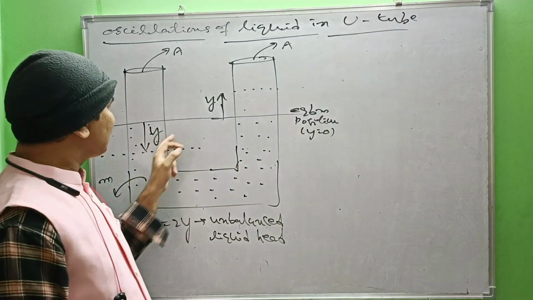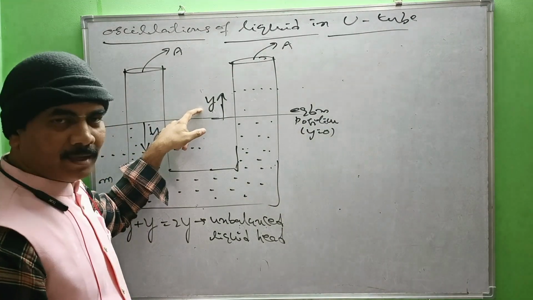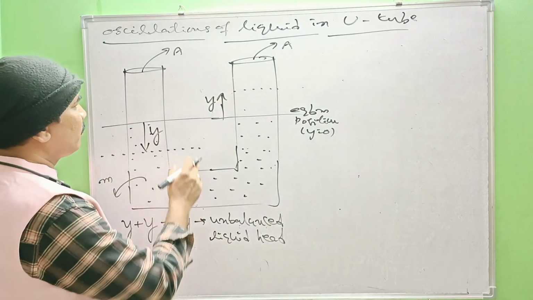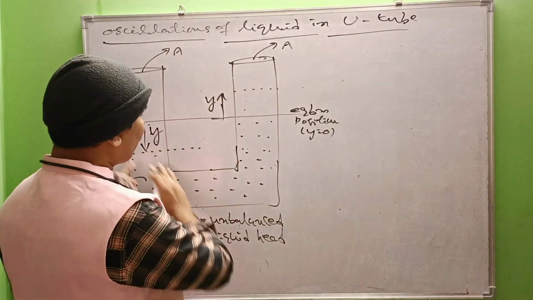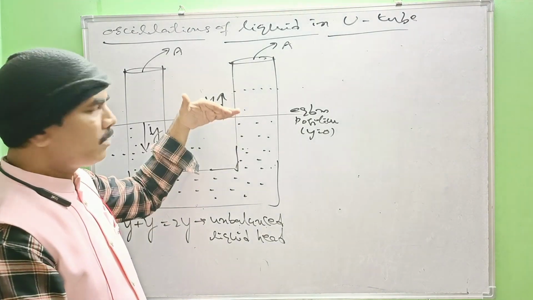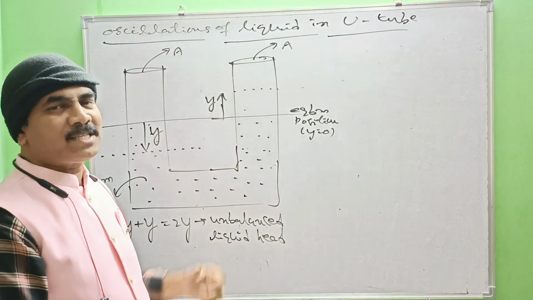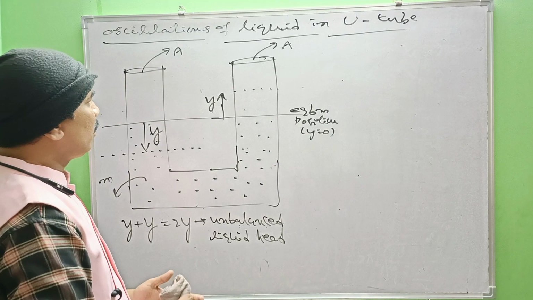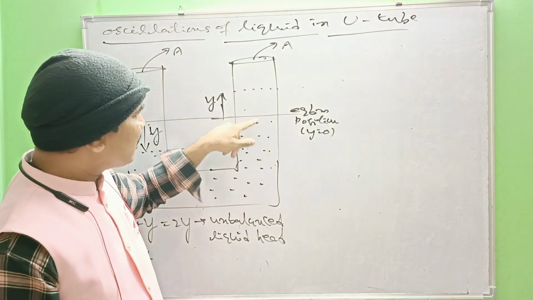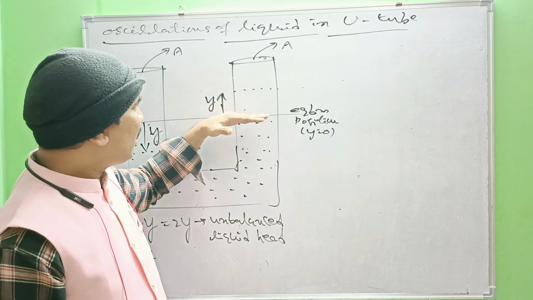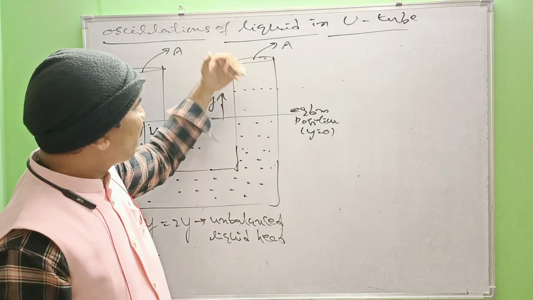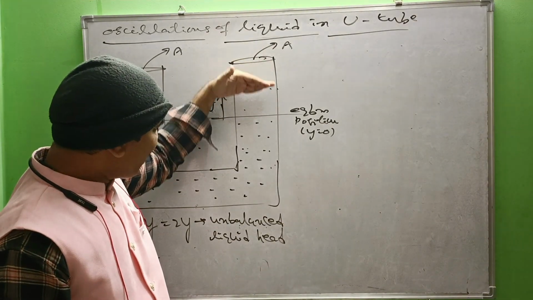Because of this unbalanced liquid head, that is y plus y, 2y, it exerts some restoring force on the remaining part of the liquid, so that it gets back to its previous position, right? It reaches its mean position, and because of inertia it shoots up into the other side, but because of the restoring force it again comes back to the previous position.